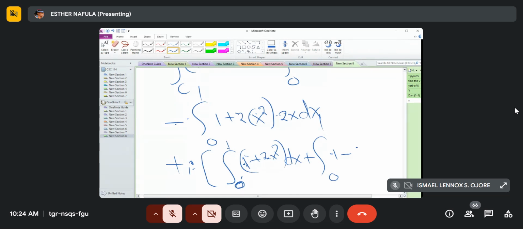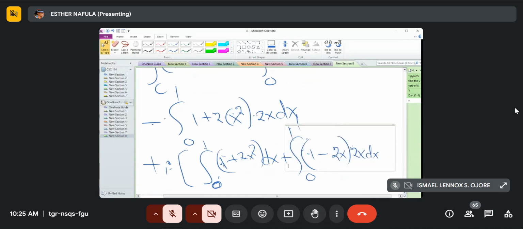Originally, from the formula, what is the formula? The formula is v dx plus u dy. What is our u? One minus 2x, right? Yes. Our dy is 2x dx.